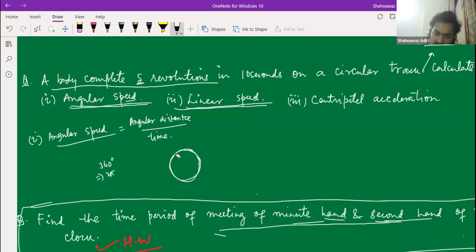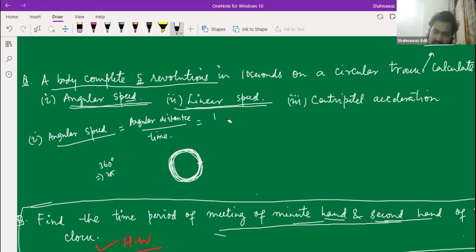In two revolutions, 4 pi, then 6 pi, 8 pi, and then 10 pi. So in 5 revolutions, it covers 10 pi angular distance, right?